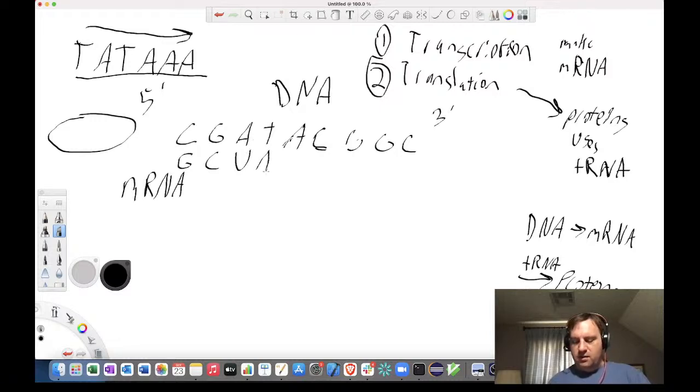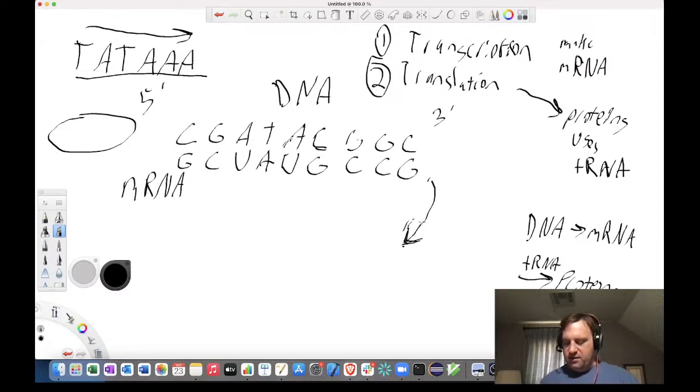That's the one change. Other than that, it's the same basic bases, and you just get a complementary strand of mRNA. And so this then gets sent out, and there are a few modifications on it.